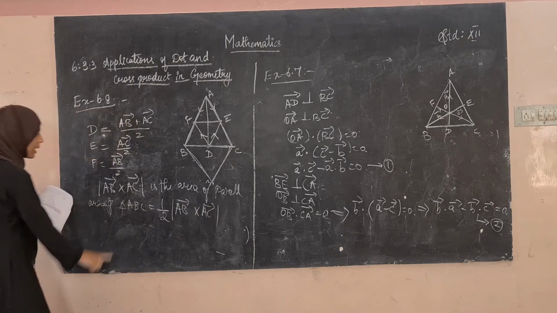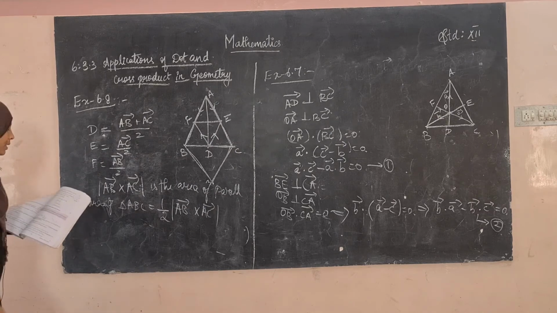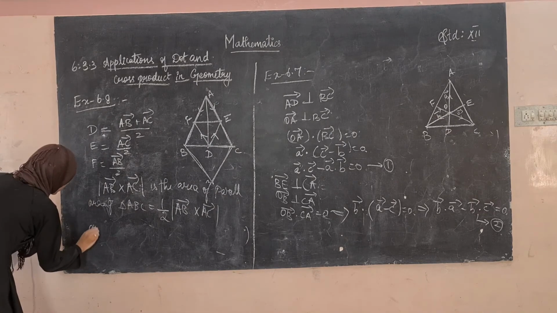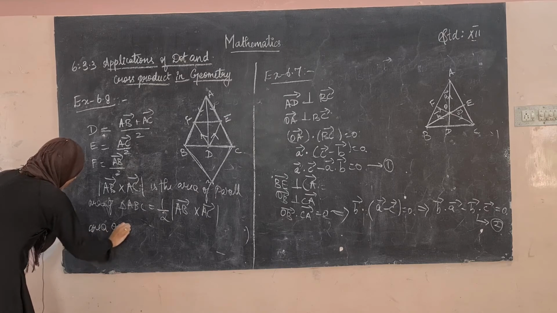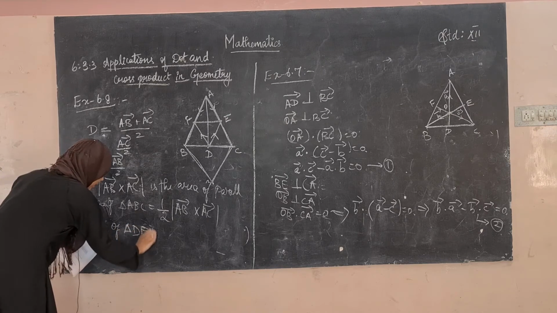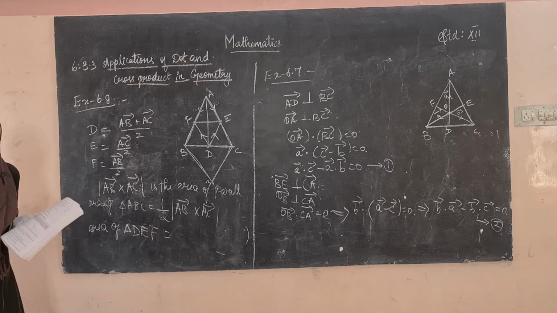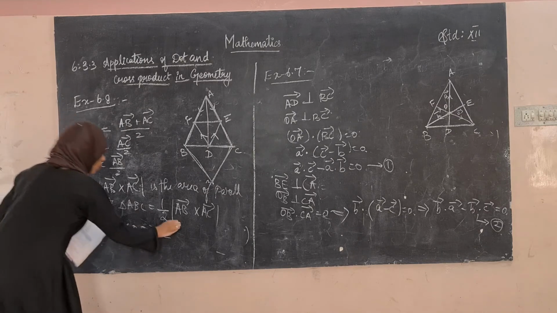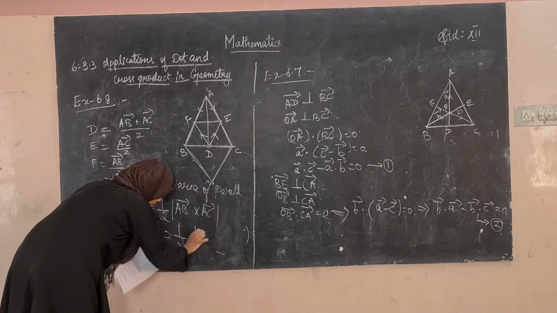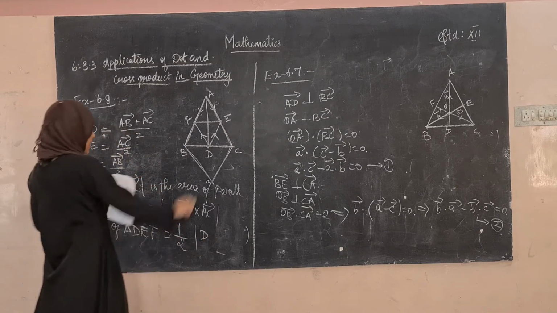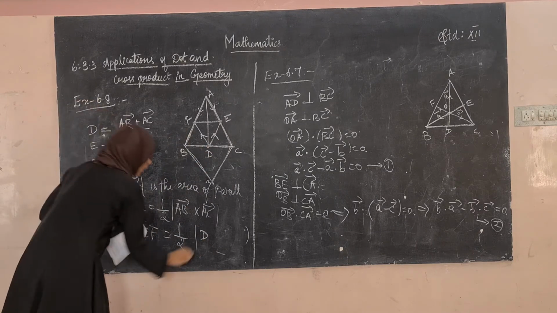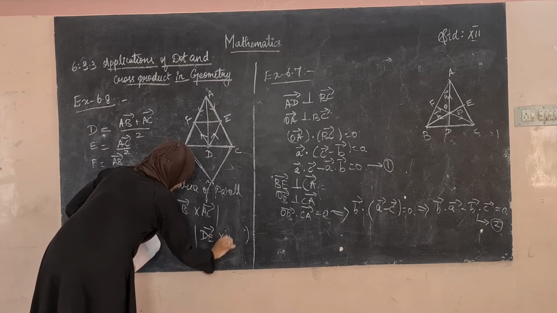Now we have to find area of triangle DEF. We know area of the triangle is found using half into length into breadth, that is 1/2 into modulus of DE vector cross DF vector.